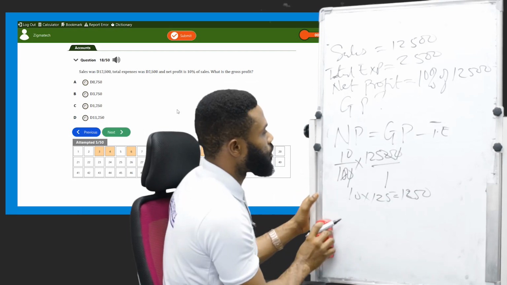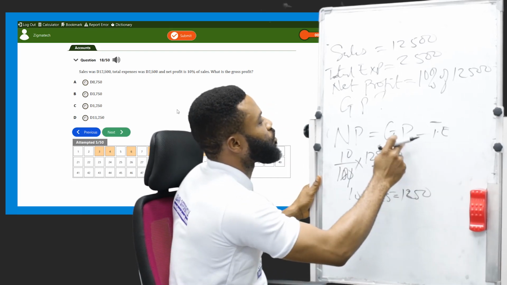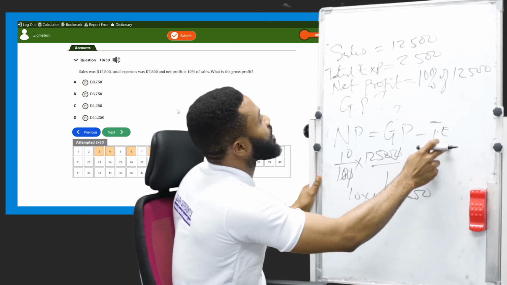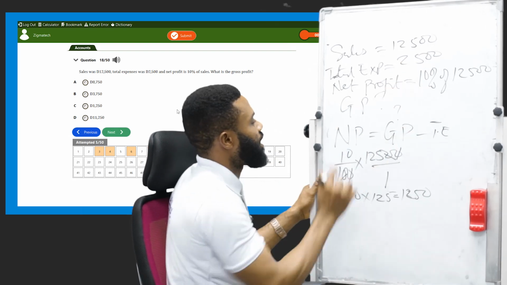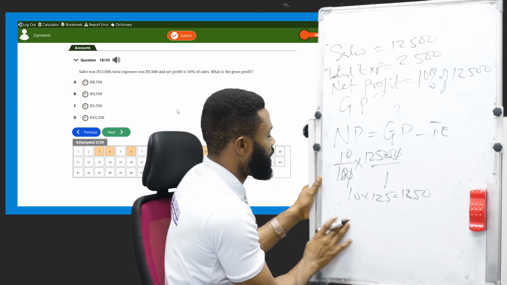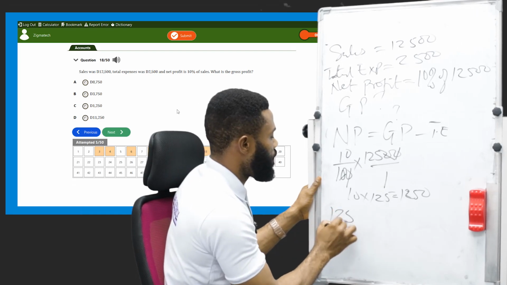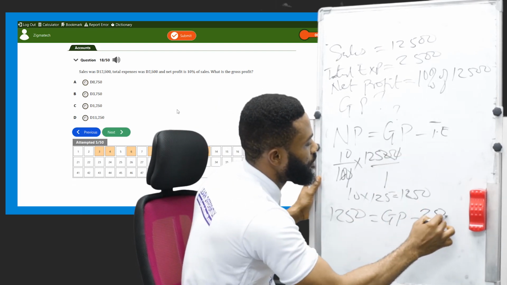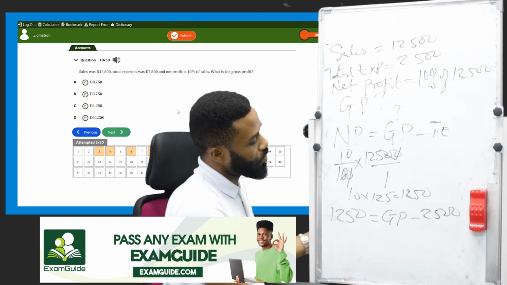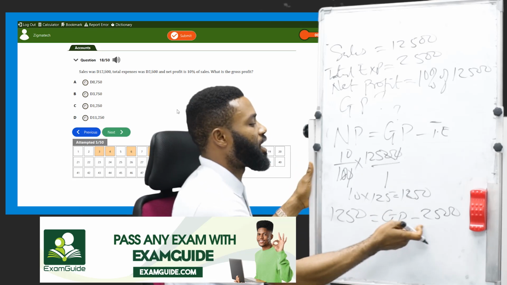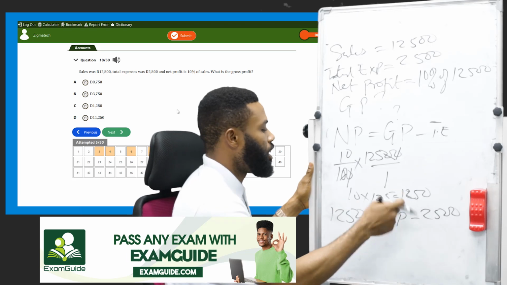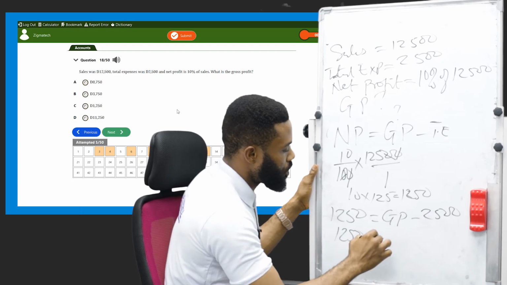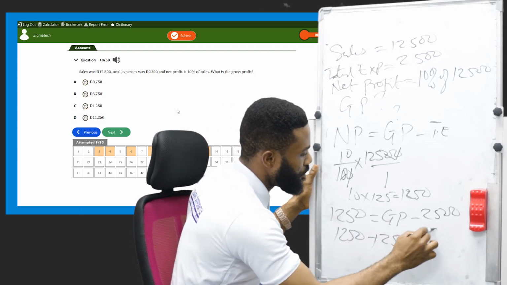So for gross profit, this is what we are looking for. Your total expenses is 2,500. So let's rewrite the formula again. Net profit: 1,250 is equal to gross profit minus 2,500. You just collect like terms. If this 2,500 crosses the equality sign, it will become positive. So you have 1,250 plus 2,500, which will give you your gross profit.